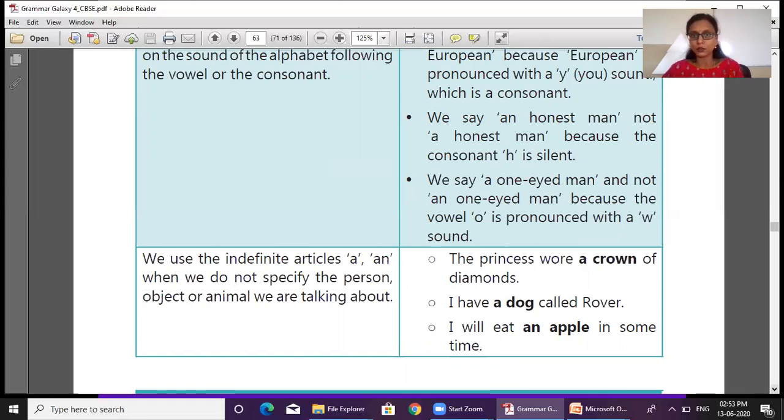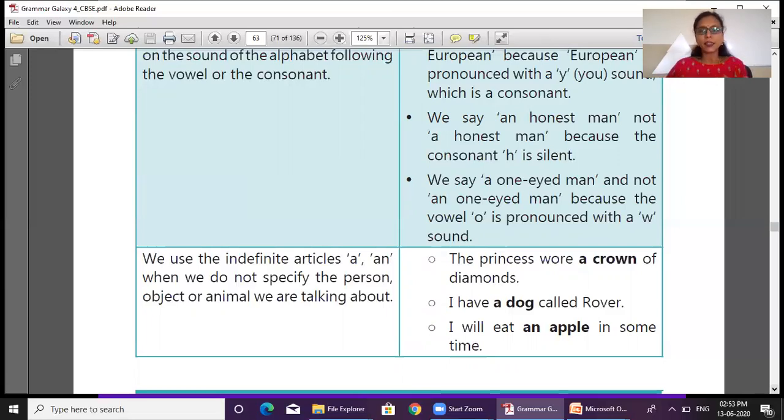A dog, a dog in general; that person can have any dog. I will eat an apple in some time. An apple. So these indefinite articles are used when we are talking about nouns in general, not pointing towards specific nouns.